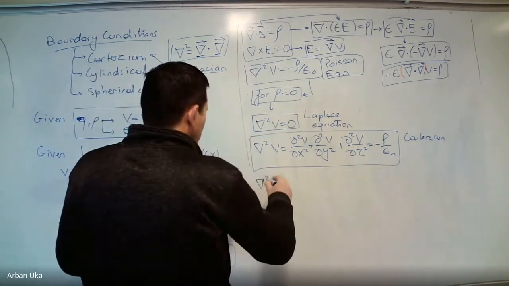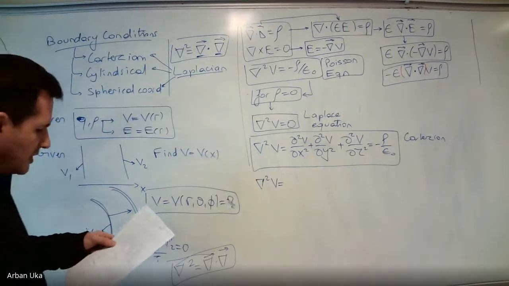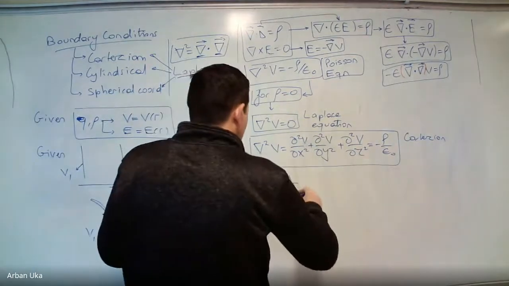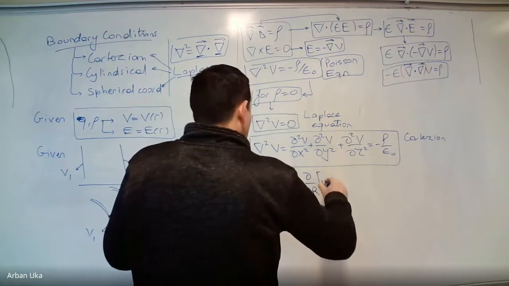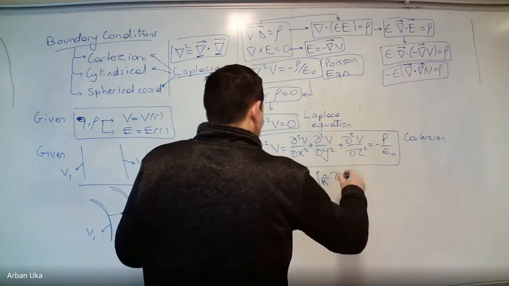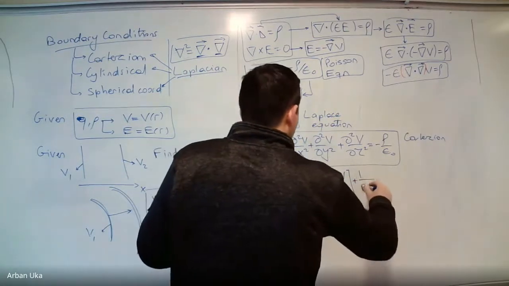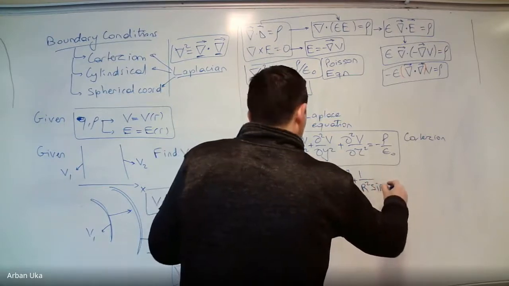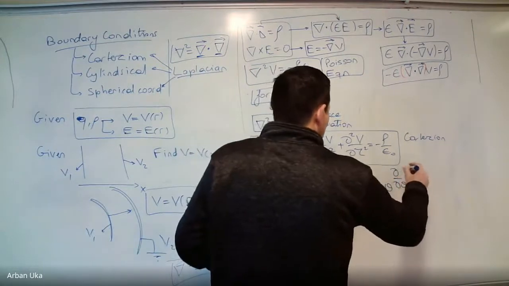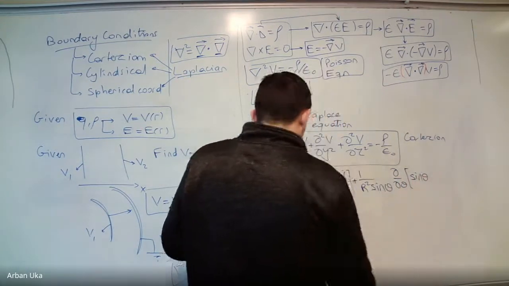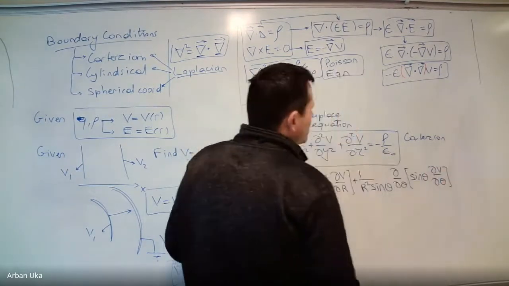I'm not going to write the Poisson equation in the cylindrical coordinate system, but let me write the spherical one for you. It's going to be 1 over r squared, derivative with respect to r of r squared dV over dr, plus 1 over r squared sine theta, the derivative with respect to theta of sine theta times the derivative of V with respect to theta.